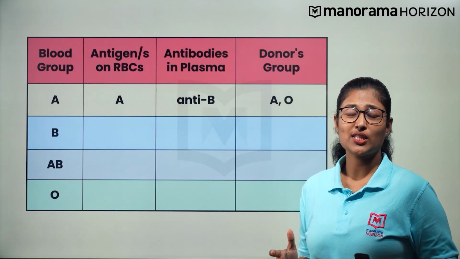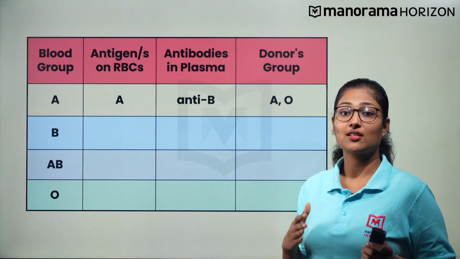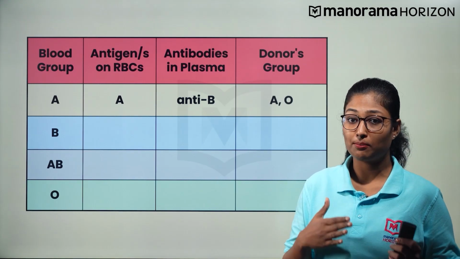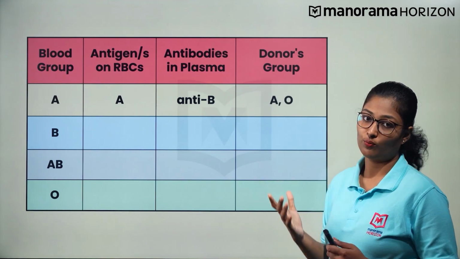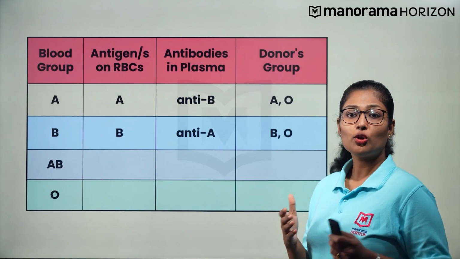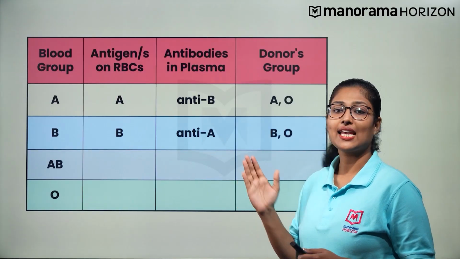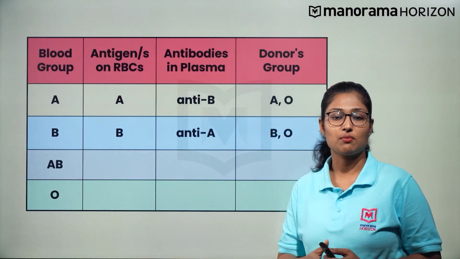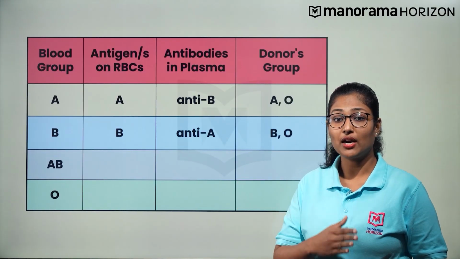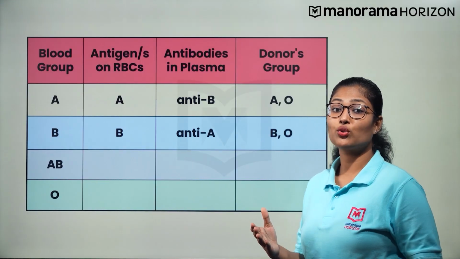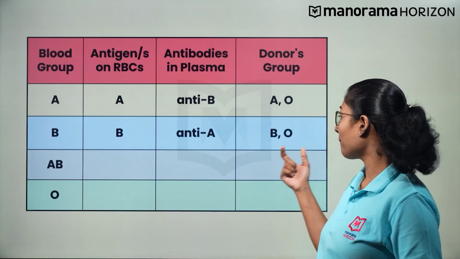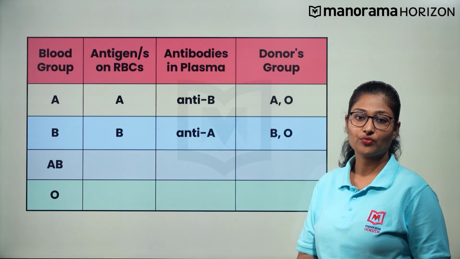So the individuals with blood group A can donate their blood to the individuals with blood group A and AB. Blood group B has the antigen B on RBC and anti-A antibody in plasma. So the individuals with blood group B can donate their blood to the individuals with blood group B and AB.